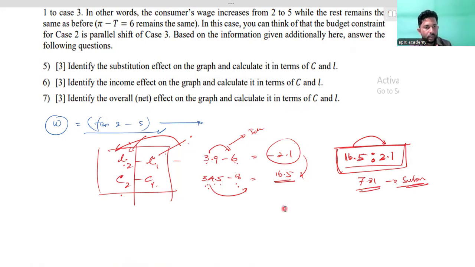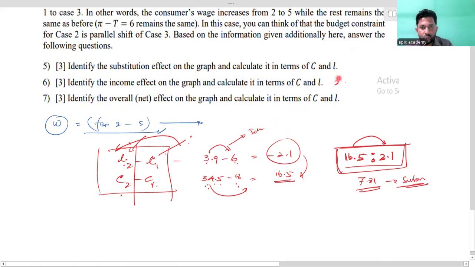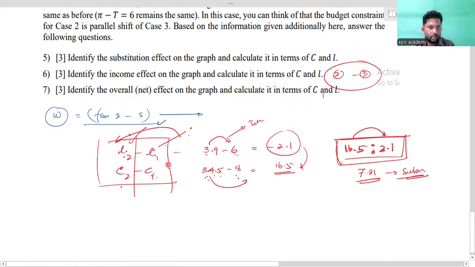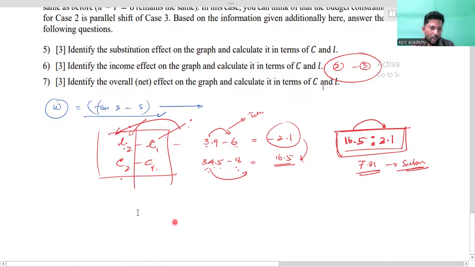Yes, sir. In here, you have to identify the income effect on the graph and calculate it in terms of C. Income effect is represented between case 2 and case 3. It is similar to this calculation.